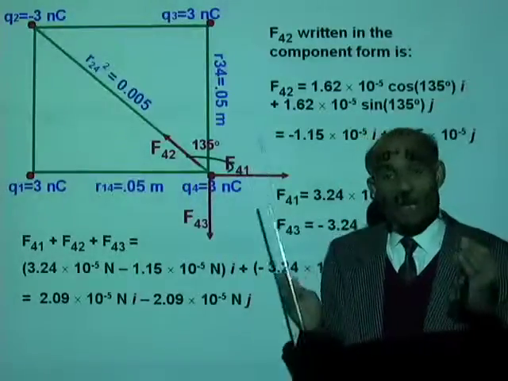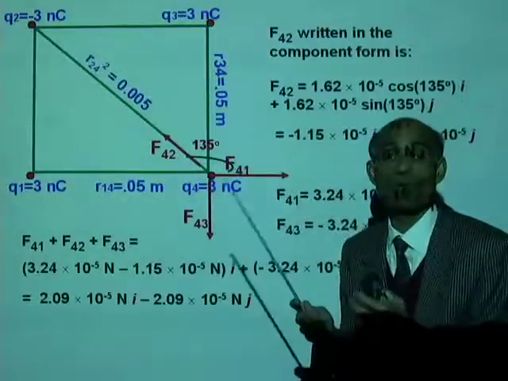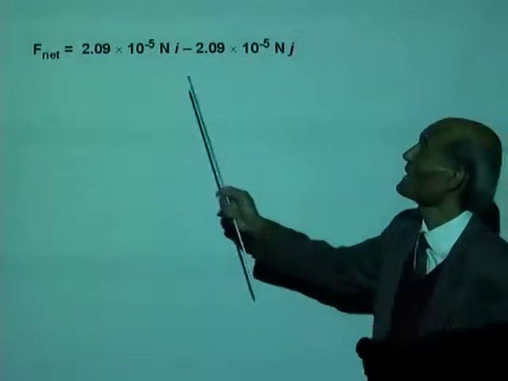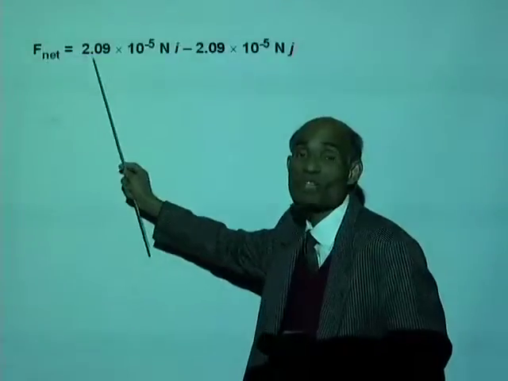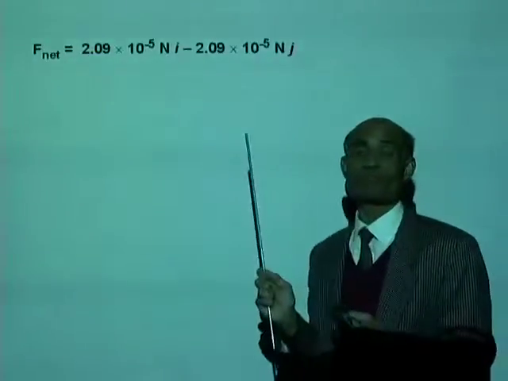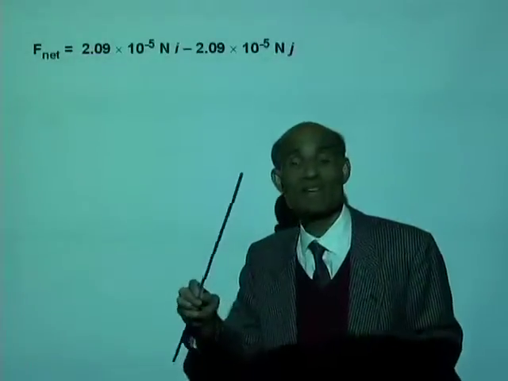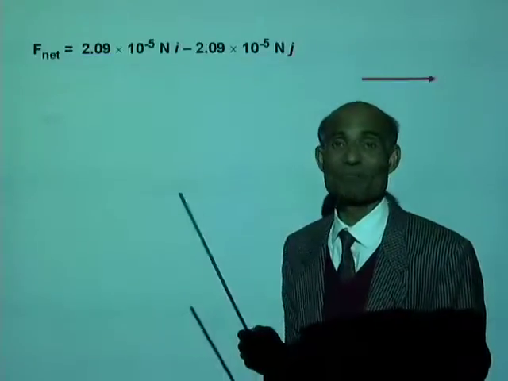Now, you need to bring it to the magnitude angle form. We will do that in the next slide. So the net force in the component form is this. How do we represent that in the magnitude angle form?